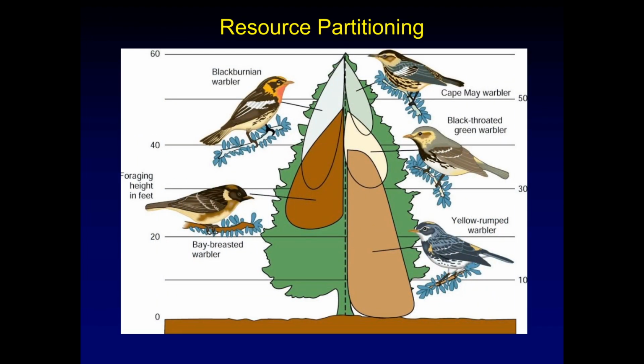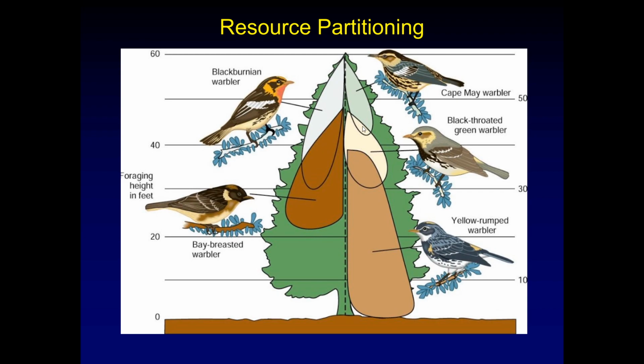If you look at resource partitioning with birds, this is an individual tree, and you'll notice that each of them has a different area that they occupy. They're all warblers, which is a type of bird, but they all occupy a different area in the tree. They all eat different things, so their foraging height is completely different.